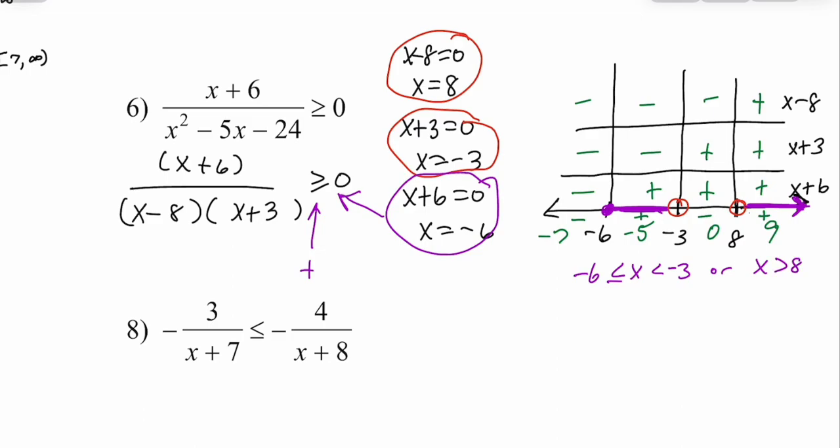Now let's put that in interval notation. We want x's from negative 6 to negative 3. The negative 6 gets a bracket, but the negative 3 does not. Or is just a union symbol.